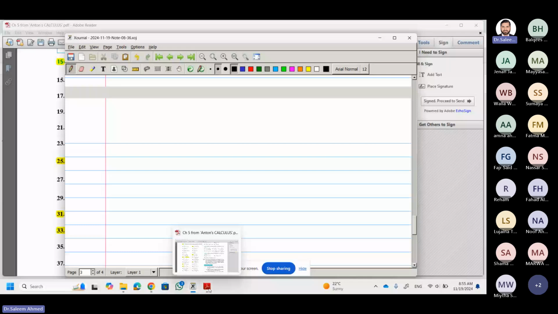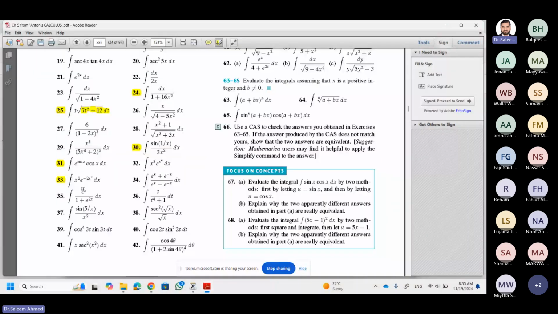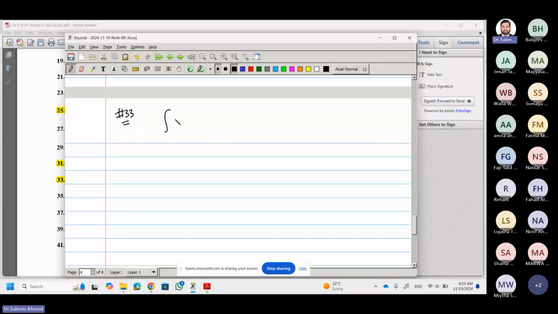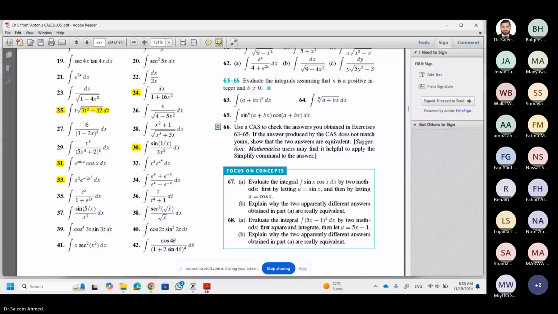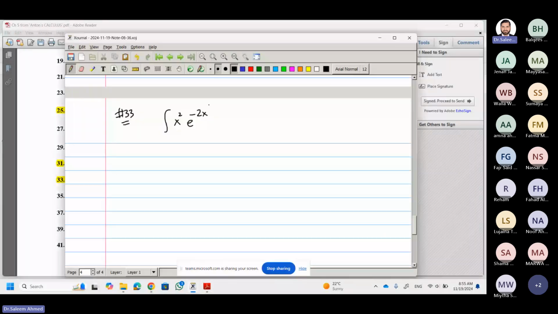This one, x square e to the power minus 2x cube. X square into e to the power minus 2x cube. Now you see if I rearrange the terms, if I write e to the power minus 2x cubed first and then x square dx, now you can see that the power has the derivative square.